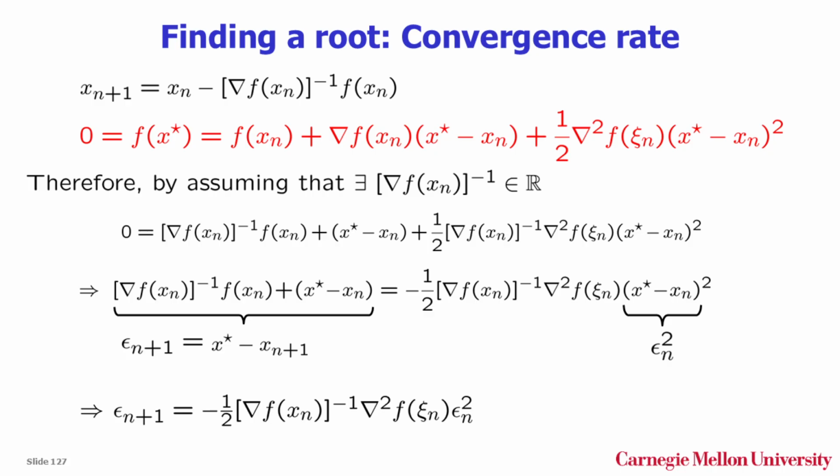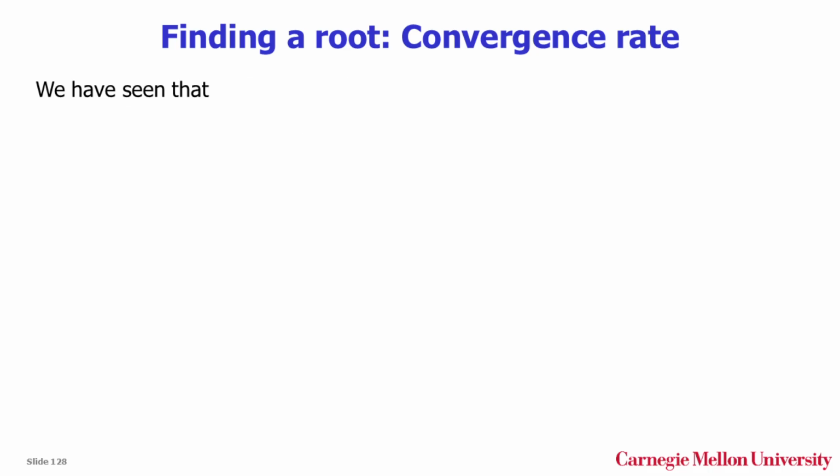The update rule for the error becomes epsilon n plus 1 equals minus 1/2 times the inverse of the derivative of f at xn times the second derivative of f at psi n times epsilon n squared. Thus, we have established a relationship between epsilon n plus 1 and epsilon n squared.